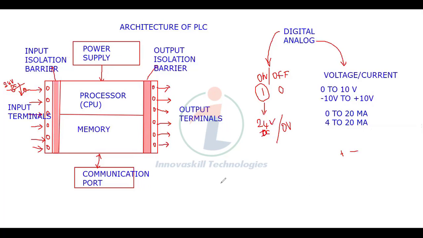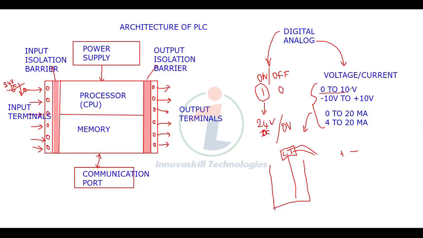For example, I want to measure the level of a tank. For that I am using a level transmitter. A level transmitter is an analog input device. The output of this will be in any one of these ranges only.